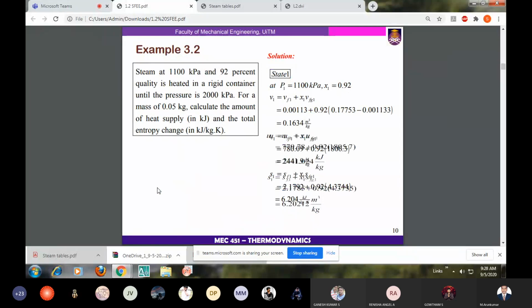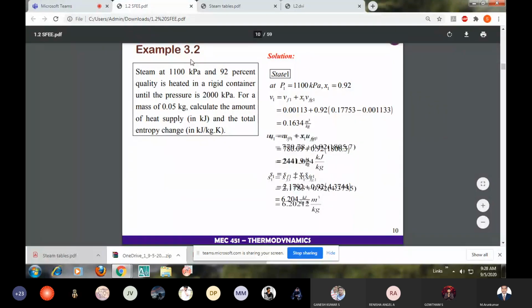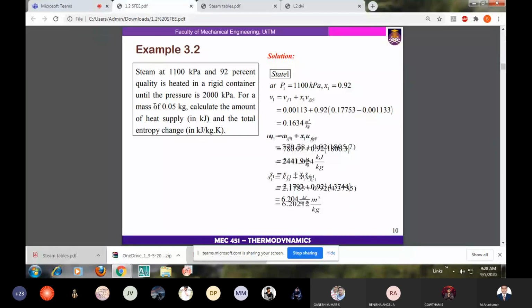Right, you can try to solve this problem. Steam at 1100 kilopascal and 92% quality is heated in a rigid container until the pressure is 2000 kilopascal. So here P1 is 1100 kilopascal, the quality is 92%, then P2 will be 2000 kilopascal.